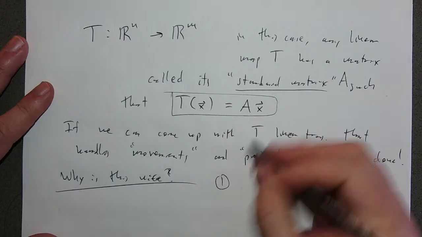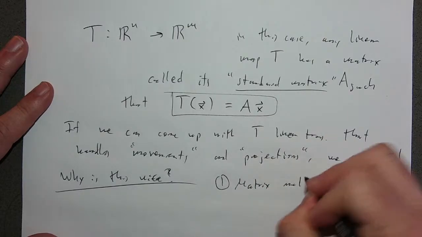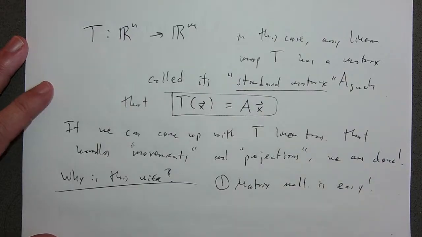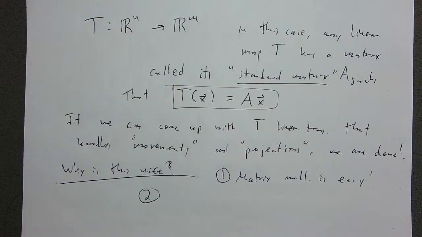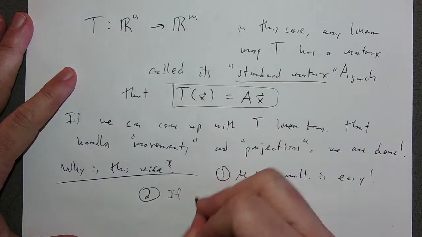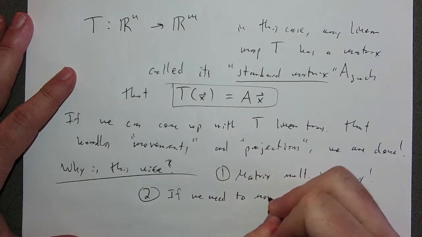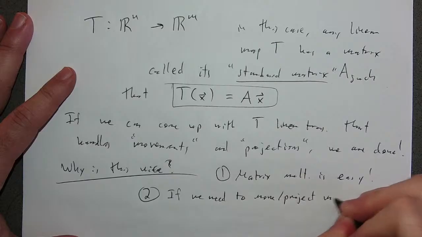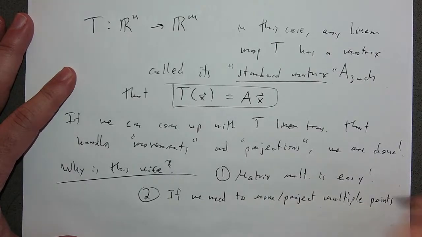Well, one, matrix multiplication is easy to do, both by hand and computationally with the use of software. Two, if we need to move or project multiple points, this is easy.